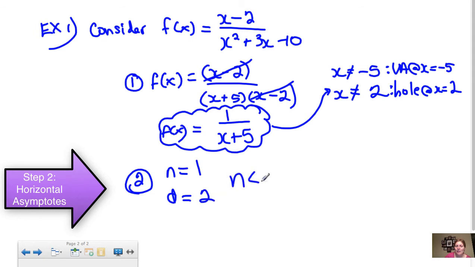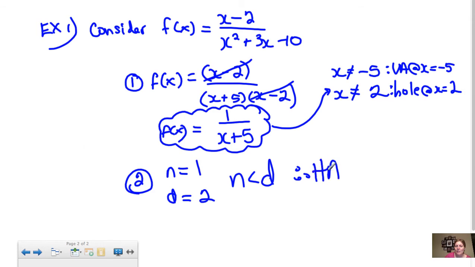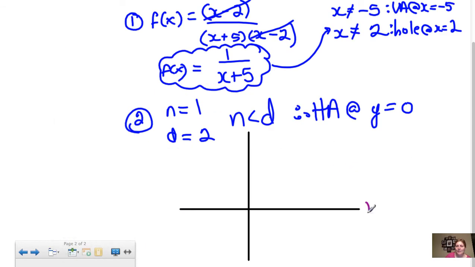And since my numerator degree is less than my denominator degree, I know I have a horizontal asymptote at y equals 0. Okay, so here's my x-axis, here's my y-axis, and I have a horizontal asymptote where y equals 0. So that's right along my x-axis, and I have to label it as y equals 0.